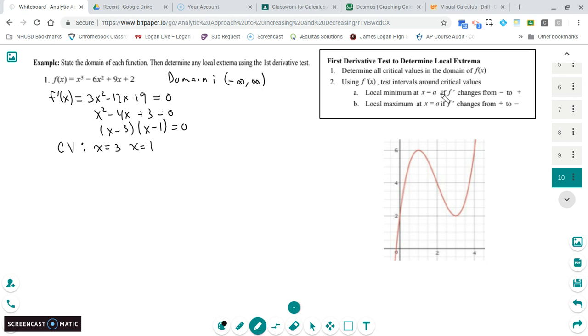If my first derivative changes sign from negative to positive, that means I have found a local minimum. If it changes its sign from positive to negative, I will have found a local maximum. So let's do our number line test. I place those two values on my number line, 1 and 3.